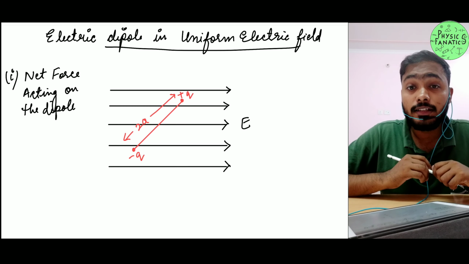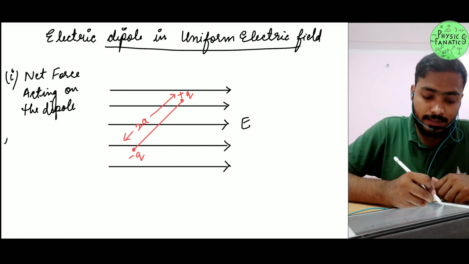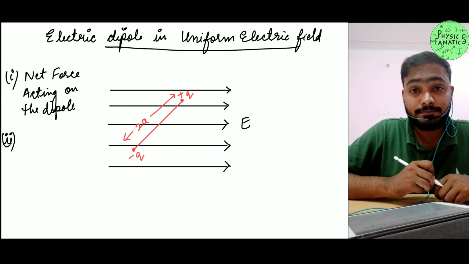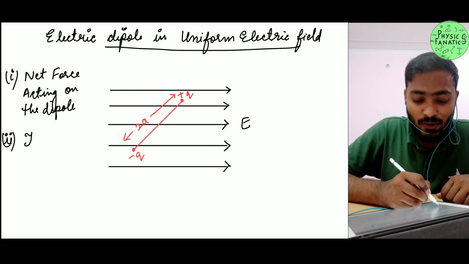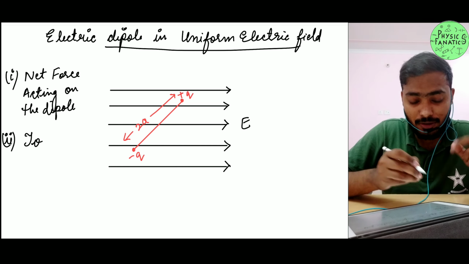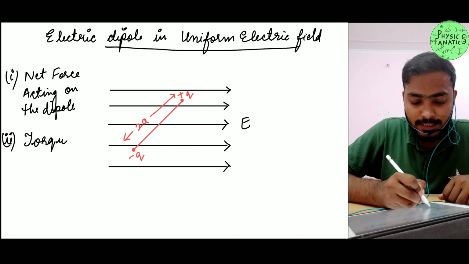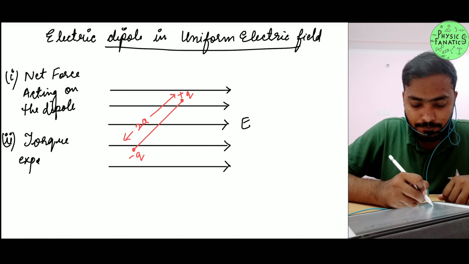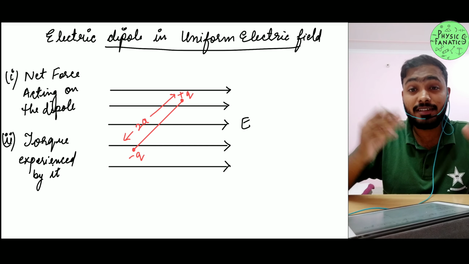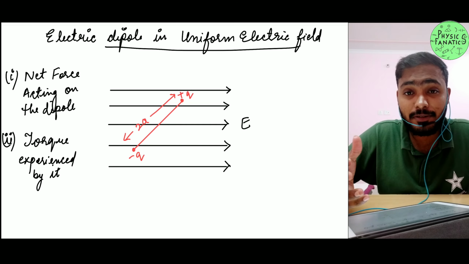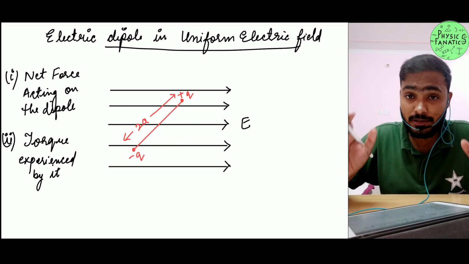That is the first thing that I'm going to find out. Second is obviously torque, the torque experienced by it. We will talk about where this torque is coming from and how much torque it is going to experience.